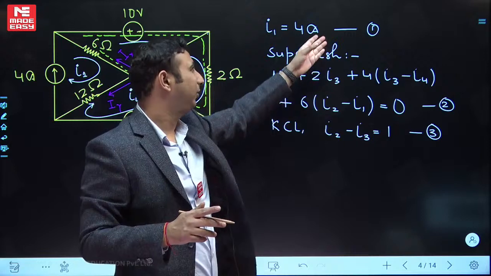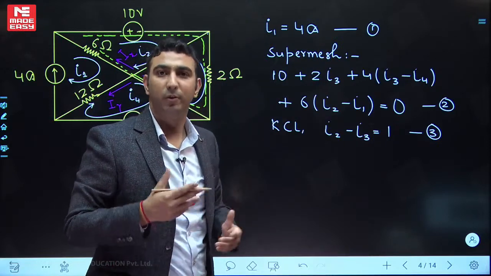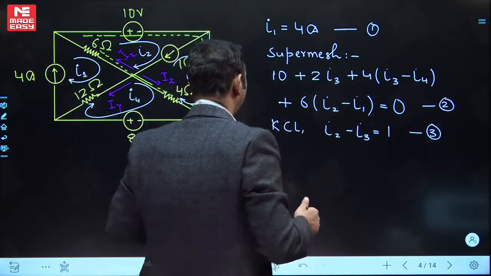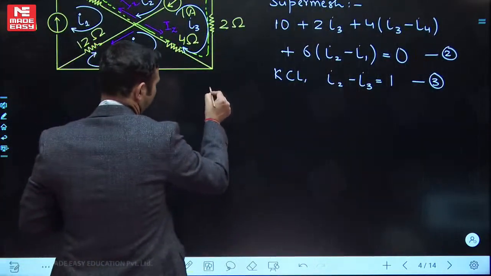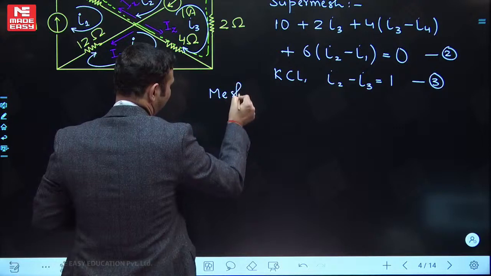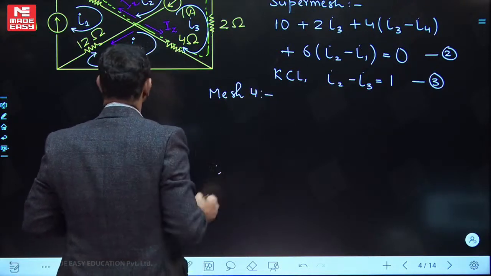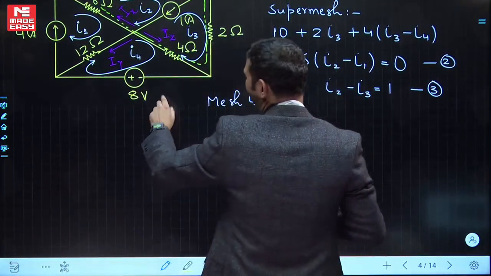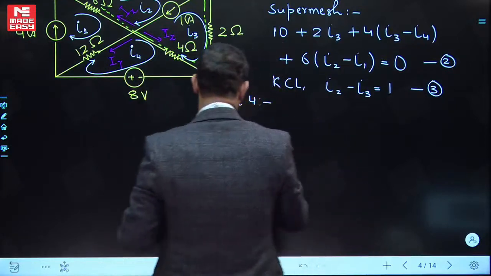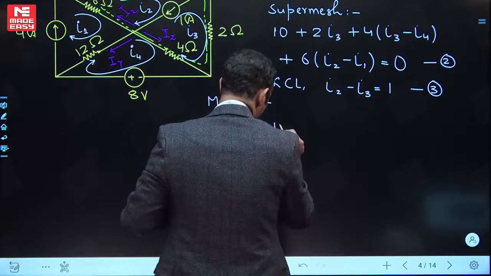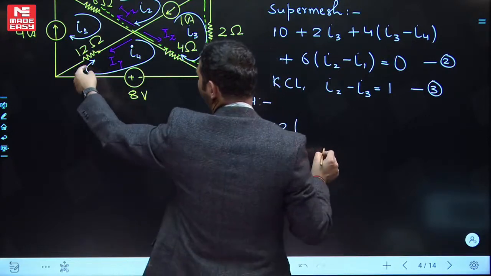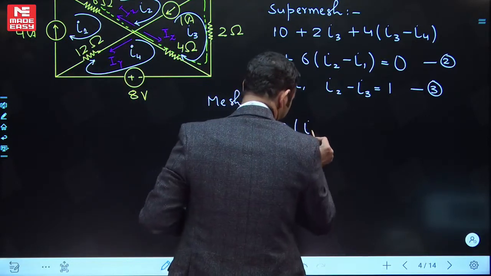One more, meaning this is not an equation, this is the value that I have. Now one more equation that I need, I'll get from mesh 4. So let me write it over here. I'm applying the KVL in mesh 4. Let's start from here. It will be minus 8 plus 12. In between two meshes, what are the currents? I4 minus I1.